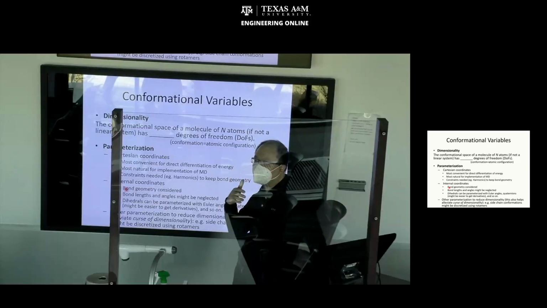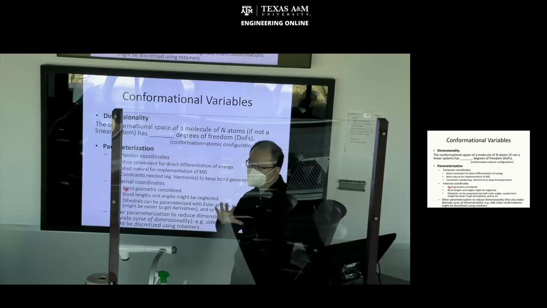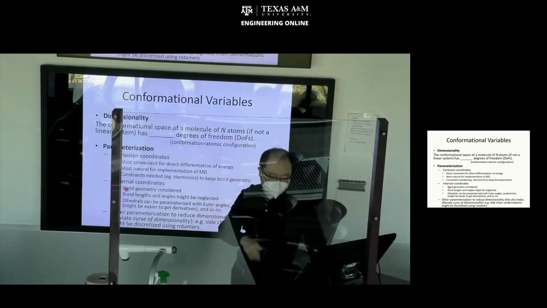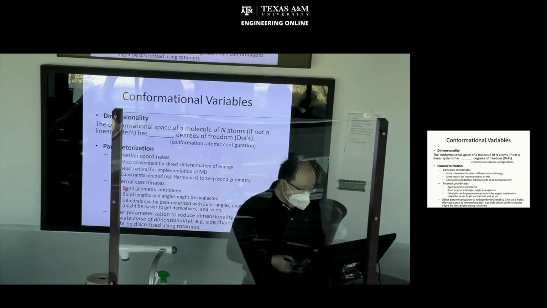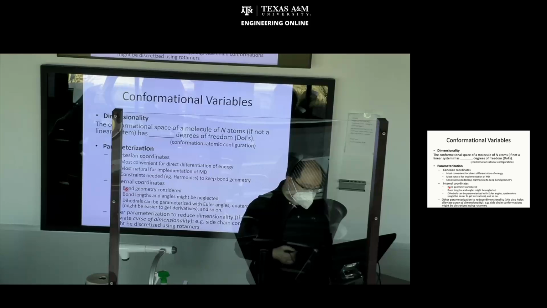Again, how you represent, I say parameterize in the world of optimization, but how do you represent the input in the world of machine learning is critically important to the choice of the architectures and the effectiveness of the model architecture you're talking about, okay? And there are other parameterizations that can reduce the dimensionality, to alleviate the curse of dimensionality.